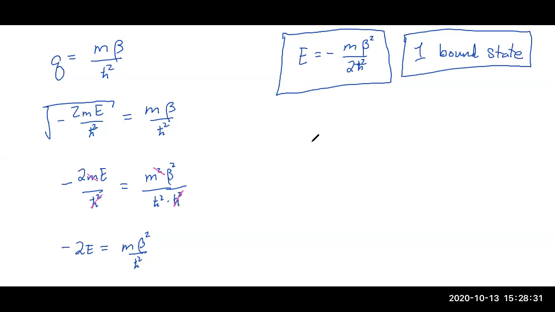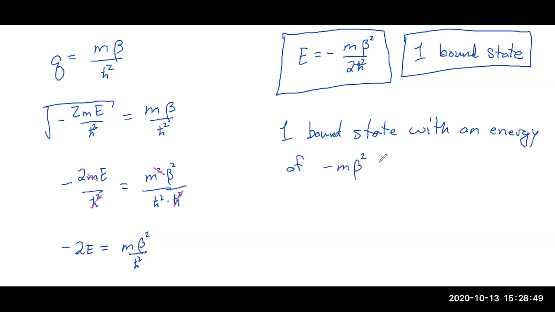And the answer here is there's one bound state. I would write this as one bound state with an energy of minus m beta squared over 2 h bar squared.